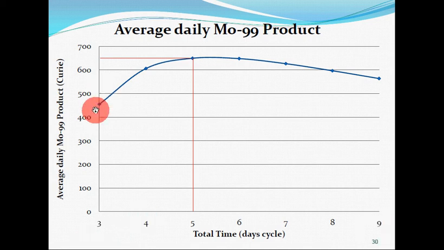This is the chart. The average daily molybdenum 99 product inquiry is maximum at 5 days per cycle.